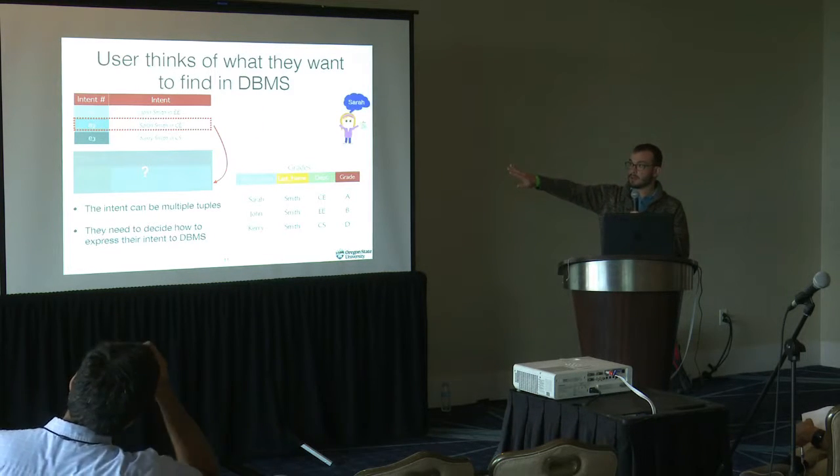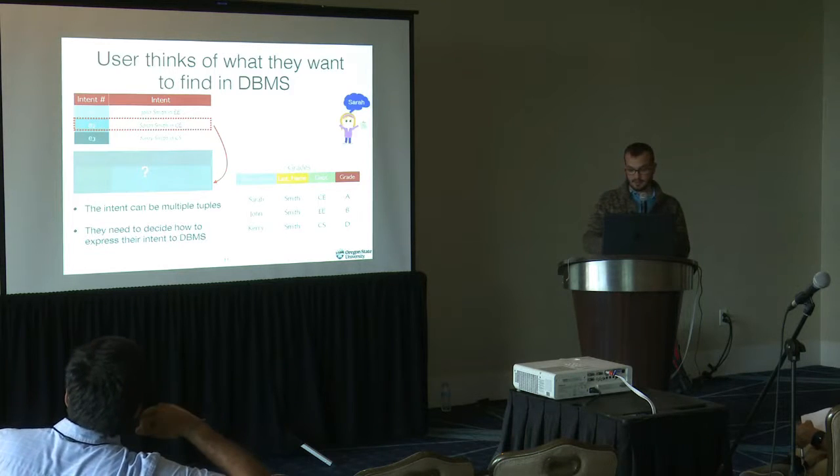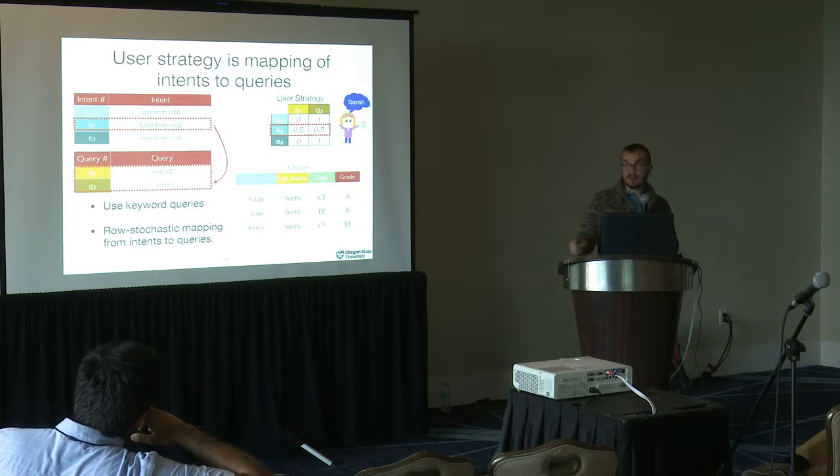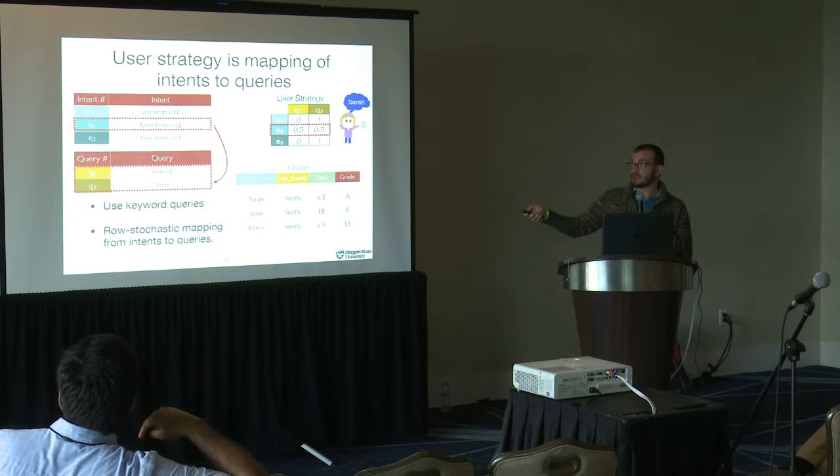Over here on the right, we have our intents, and this is what the user wants to find from the database. As we talked about, they need to decide how to express these, and in this case, the user is going to express their intents with a couple different queries here.